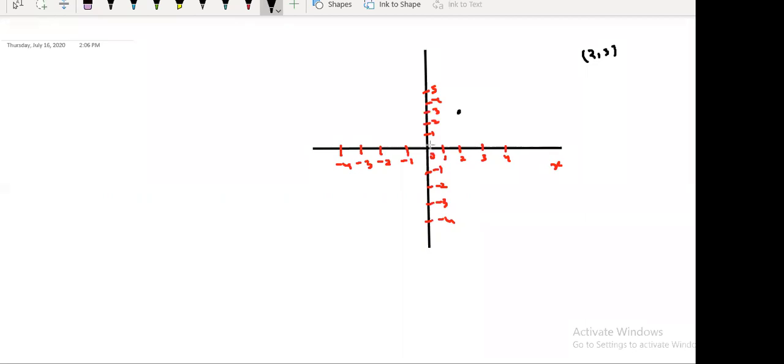Can I say that this will be the displacement? I asked that someone who started from origin reached this point (2, 3). So what is the displacement? The displacement will be this point (2, 3).